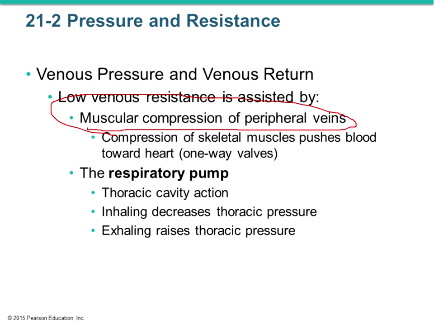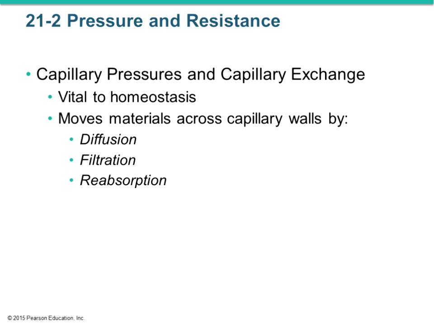Muscular compression we talked about already: compression of the skeletal muscles pushes the blood back towards the heart. We talked about those one-way valves and how important they are. You also have a respiratory pump in the thoracic cavity: as you're inhaling and exhaling, it changes pressure in that cavity, helping blood return back to the heart.